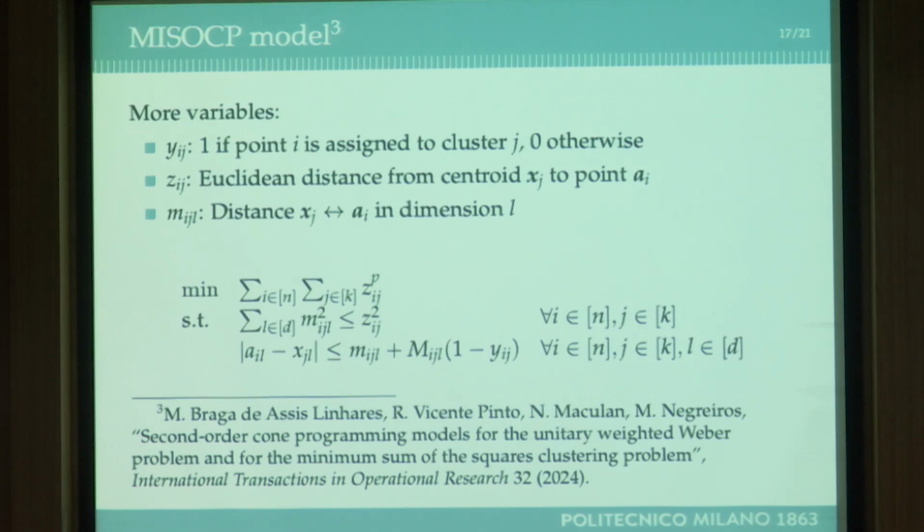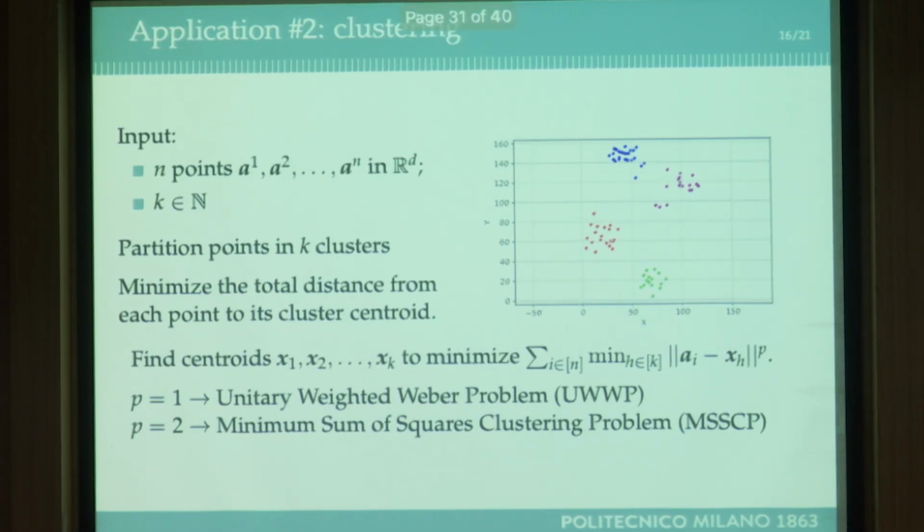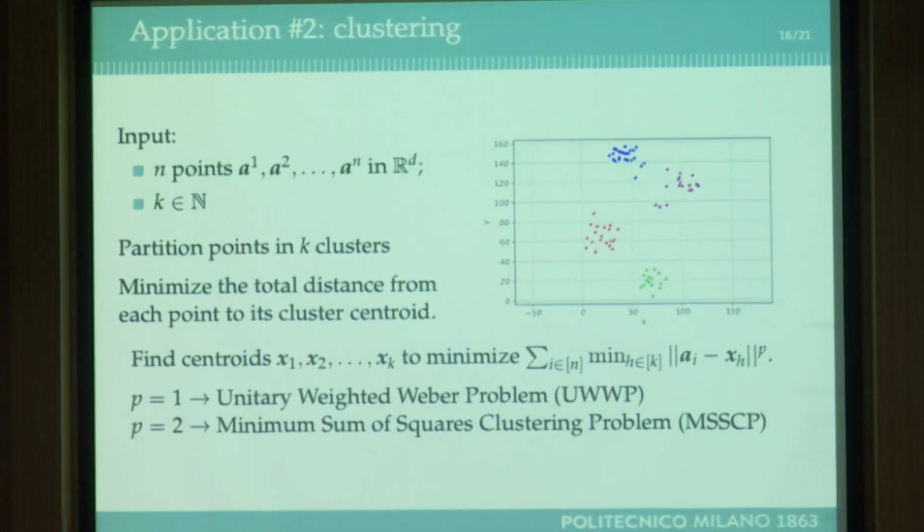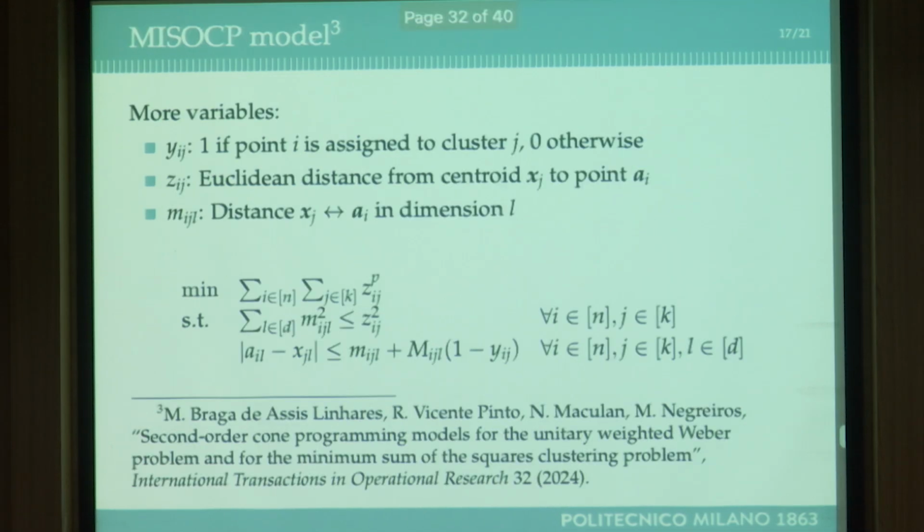And the objective function is either quadratic or linear, depending on whether you have the so-called unitary weighted Weber problem or the minimum sum of squares clustering problem. One known method for the first problem, the unitary weighted Weber problem, is k-means. This is what k-means was written for.